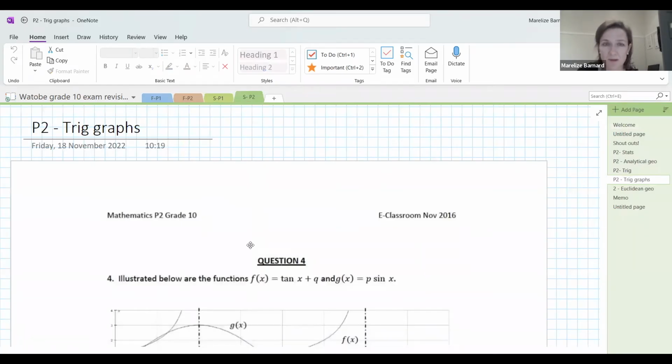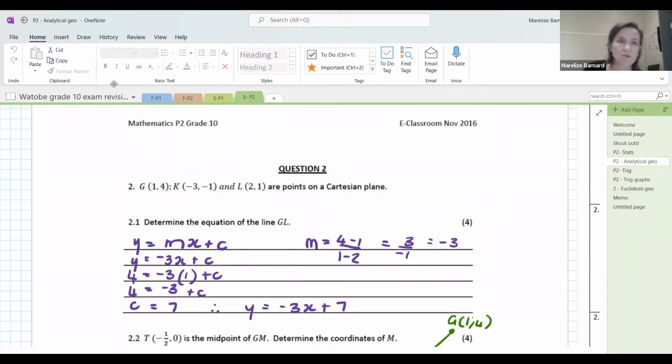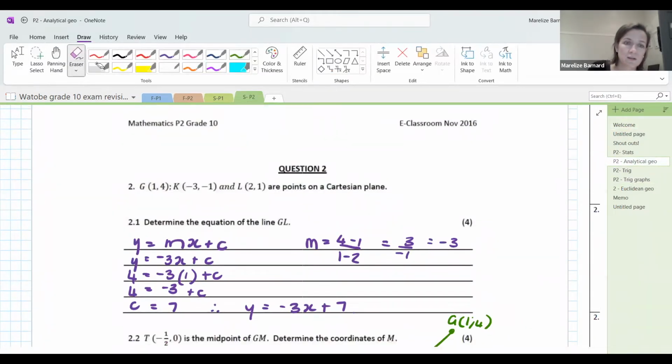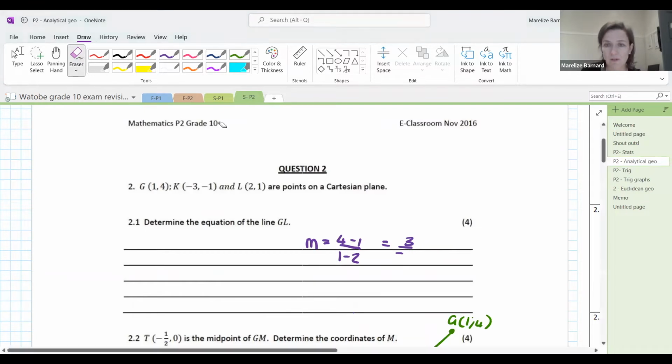to this paper. And we can do this question. And Kumo's here as well.